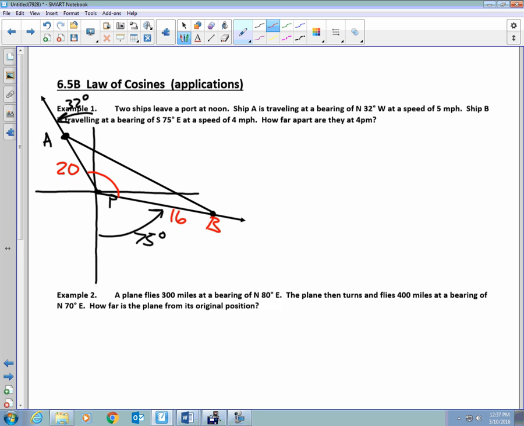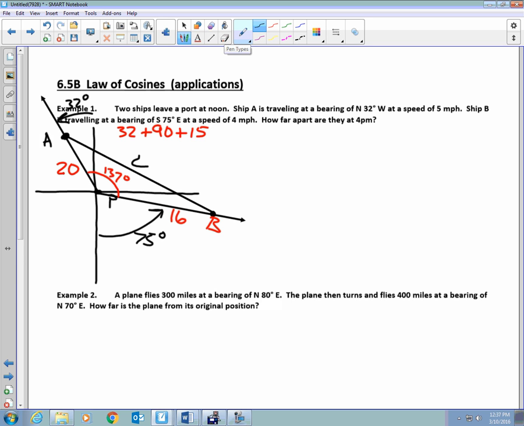Find that angle. 32 plus 90 plus 15. This is 75, and that little bit's going to be 15. So 122 plus 15 is 137. And I want to know this side right over here.